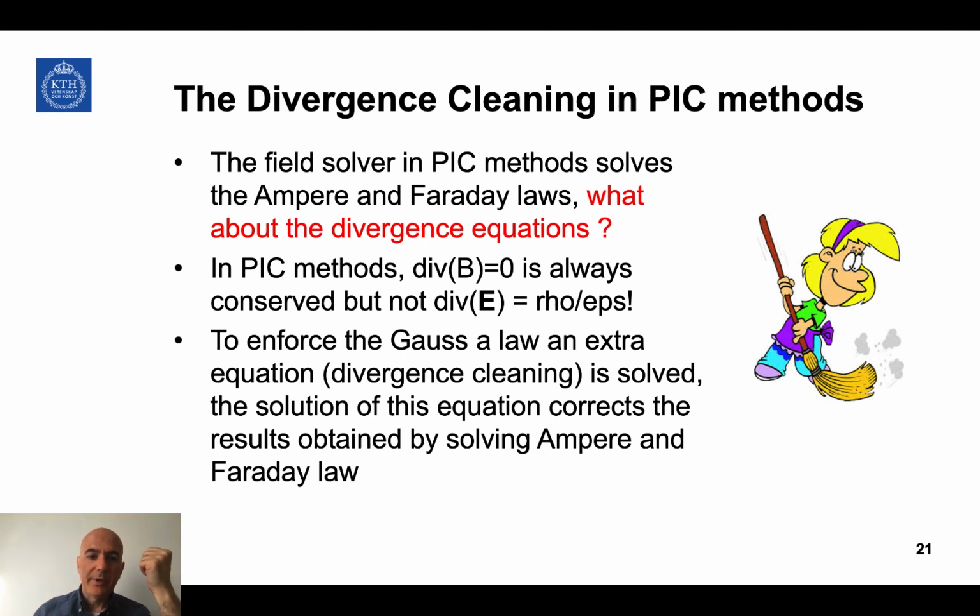So you will notice in the PIC code that at each time step we do not only solve Ampere's and Faraday's law, but also a Poisson-like equation for doing the divergence cleaning. The solution of this equation corrects the results obtained by solving just Ampere's and Faraday's law.